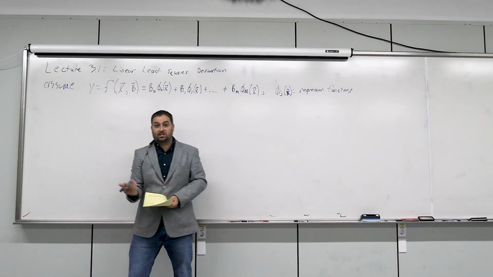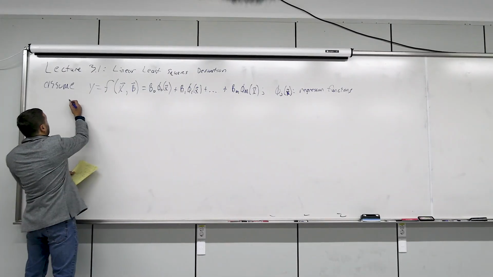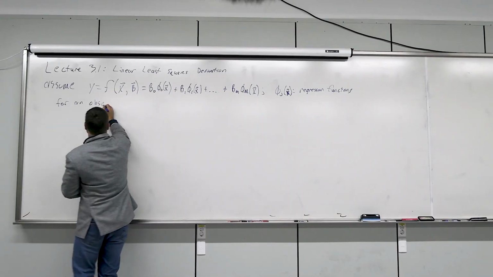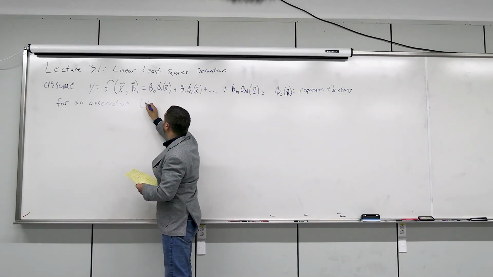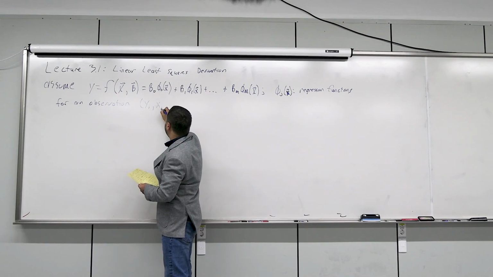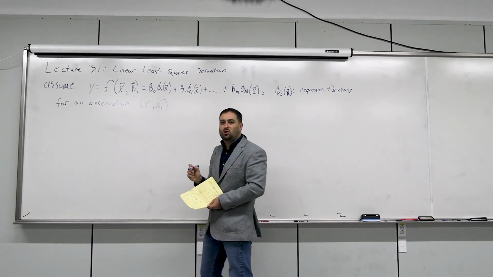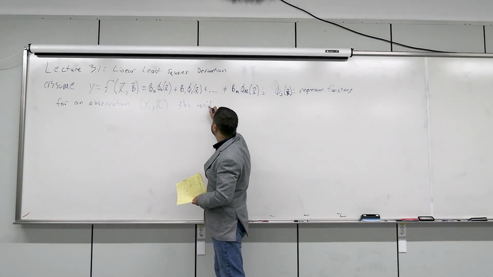When we do the experiment or the computer simulation, we collect data. For an observation y_i and x_i, we can define what's called the residual.